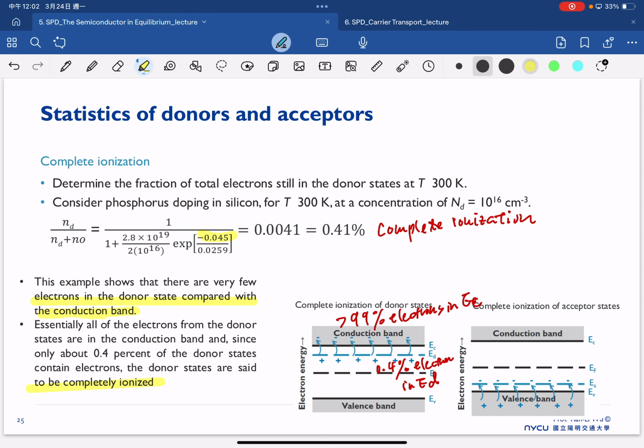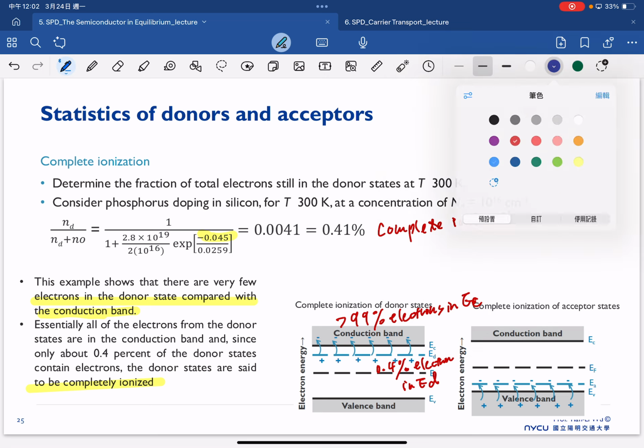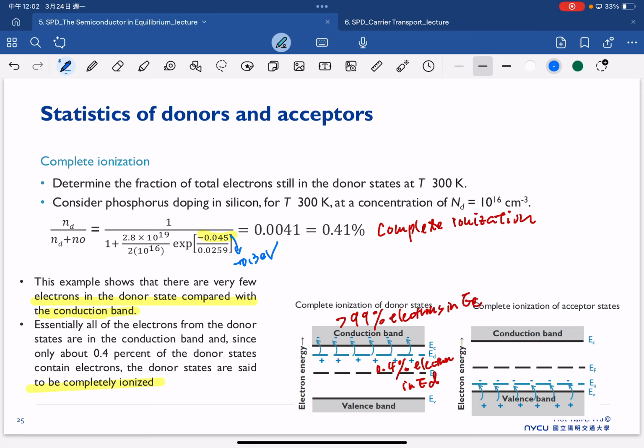And if you are interested, you can try to replace this number with minus 0.3 electron volt. Then you will start to see how huge the difference can be, because this is an exponential: you change from minus 0.045 to minus 0.3. Then you can be surprised to see the huge increase of carriers that cannot be ionized and stay in the donor state. So that's the point of this slide.